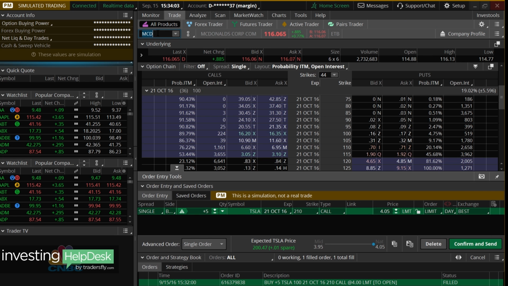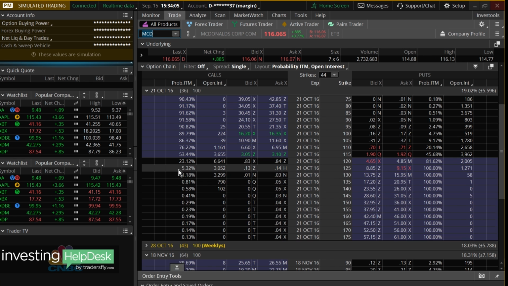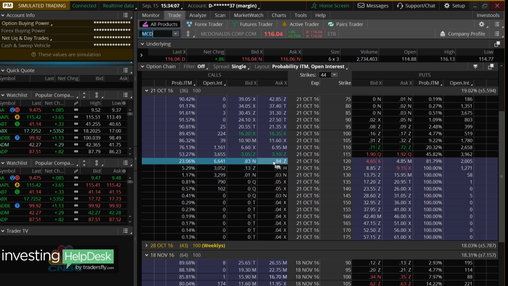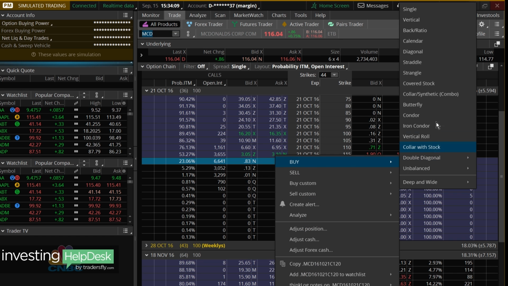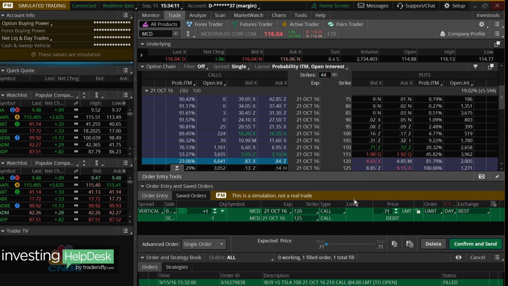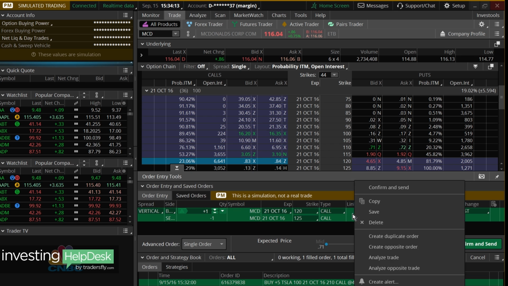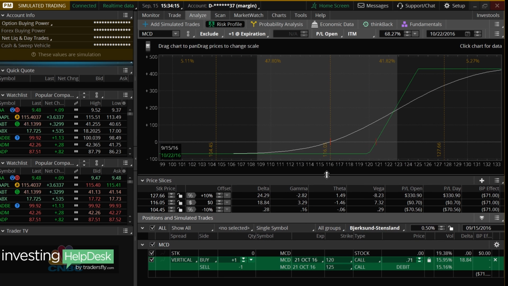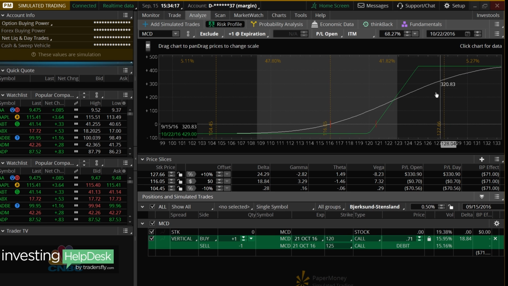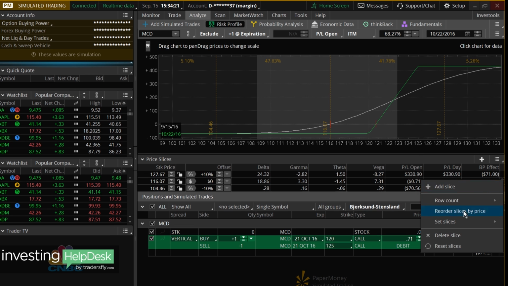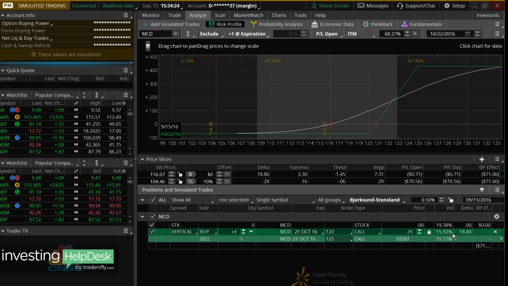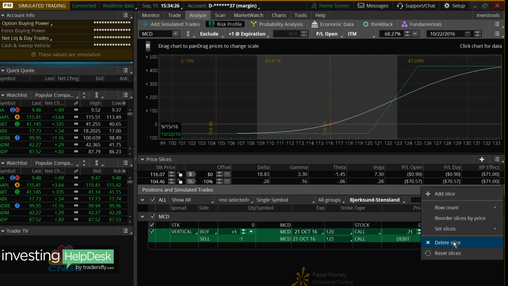You can even create multi-leg strategies in options, which I'm going to share with you right here in McDonald's. This is called a vertical, so I'll just buy a vertical and right-click, analyze the trade. When you look at a vertical, you can see what that does to the position is it caps your winnings at the top. And again, let's delete some of these slices.